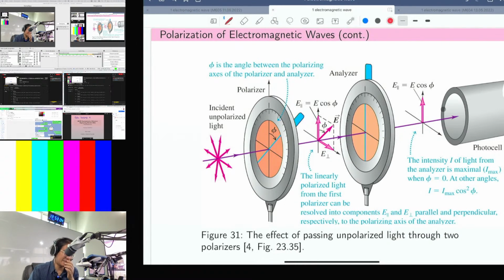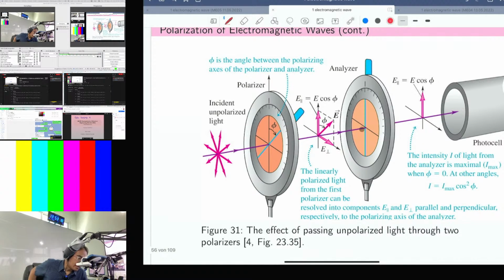Okay, and this light will hit the sensor at the end of this tunnel. Linearly polarized light from the first polarizer can be resolved in two components, E parallel and E perpendicular, right?